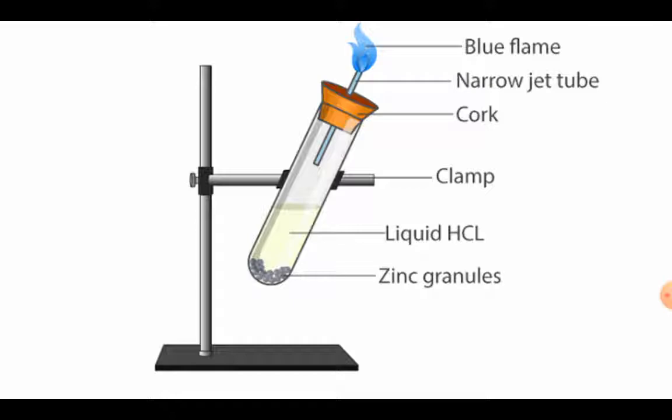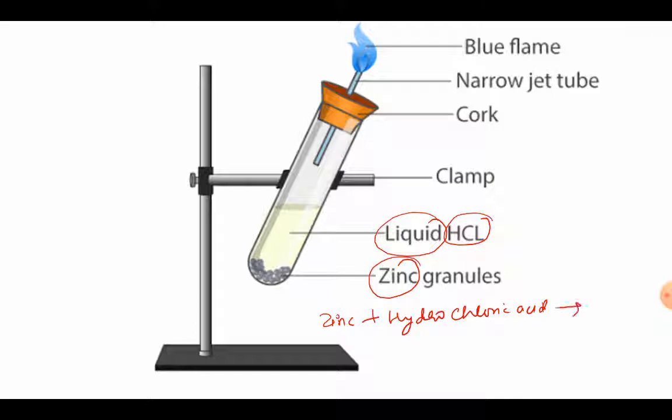Suppose we have taken a small test tube and in the test tube we have put some zinc granules. So initially we have taken zinc granules and we have put them into hydrochloric acid. This HCl in solution form is called hydrochloric acid, right? Now the two we have taken originally are going to react with each other and the product will be zinc chloride plus hydrogen gas.